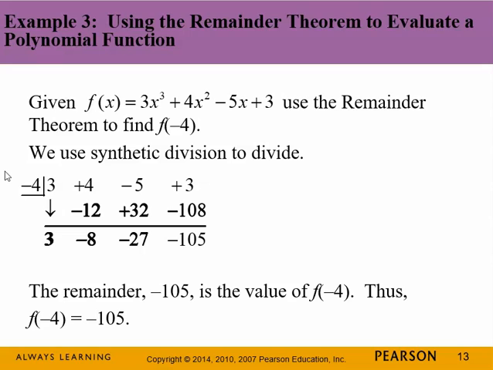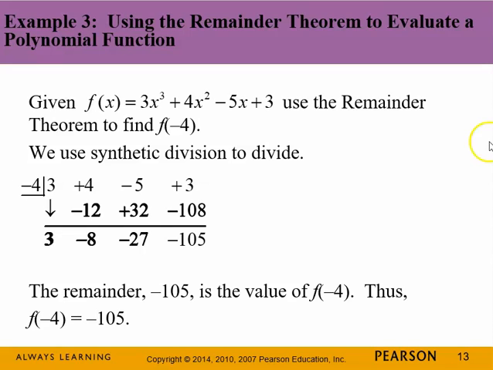And suppose this is our function. We're going to take this theorem, substitute the -4 as our divisor over here, and let's see what we get.